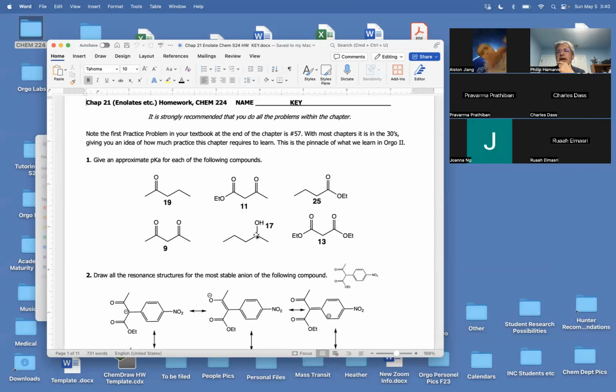We learned in lecture that you can completely deprotonate 9, 11, or 13 with ethoxide. Or sodium hydride works too. You can't practically deprotonate a ketone with sodium hydride. Not that I've ever seen. It would be very slow. There'd have to be some trick going on. But these doubly stabilized enolates, yeah, sodium hydride's all you need. Okay, thank you.